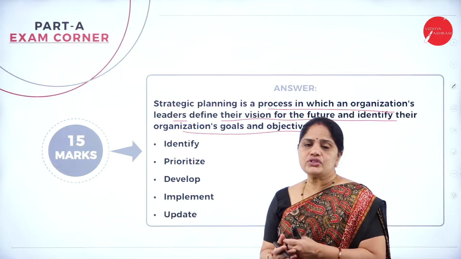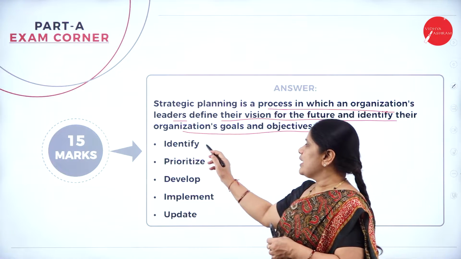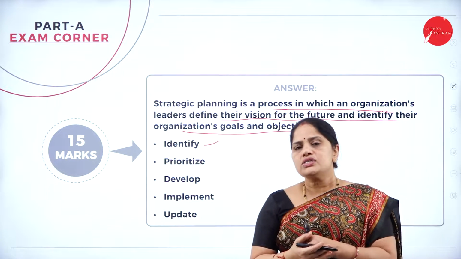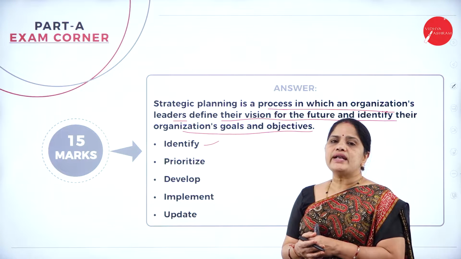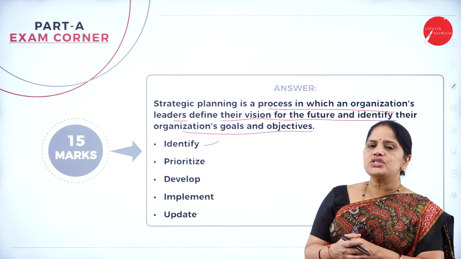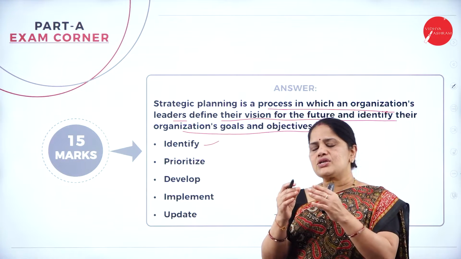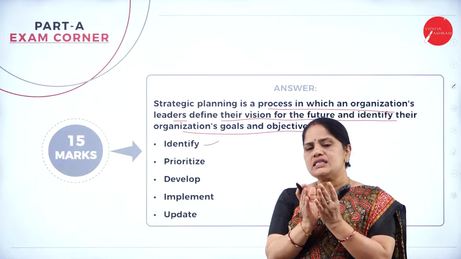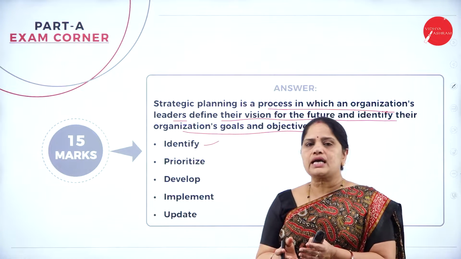Now we have to see what the stages in strategic planning are. The first one is identify. What do we need to identify here? In this stage of strategic planning, we have to identify the vision of the organization. Based on the vision, we have to draw up a list of the strengths of the organization and the weaknesses of the organization.